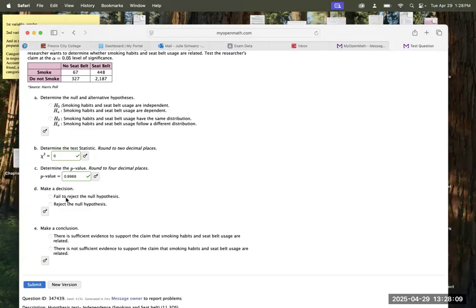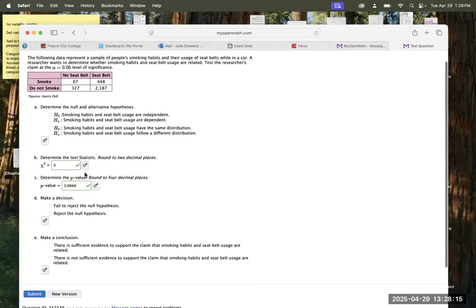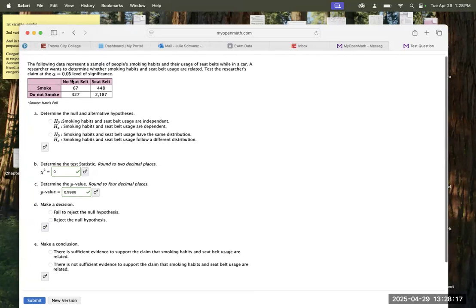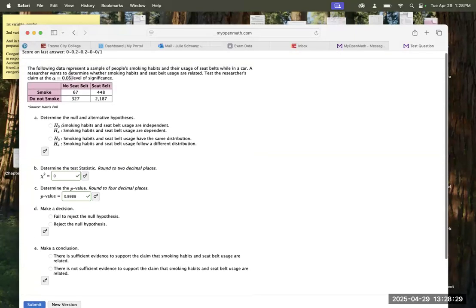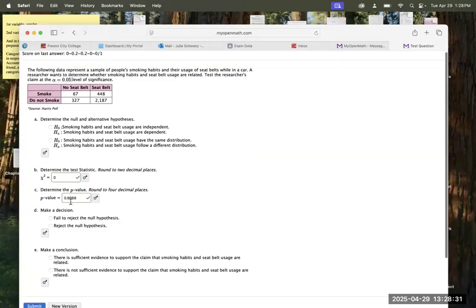Because the p-value is larger than alpha, and alpha, just a reminder, is 0.05, it's kind of like 5 cents: 0 dimes and 5 pennies. And this is like 99 cents.